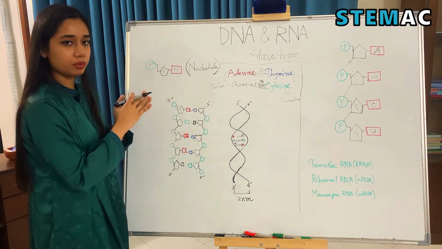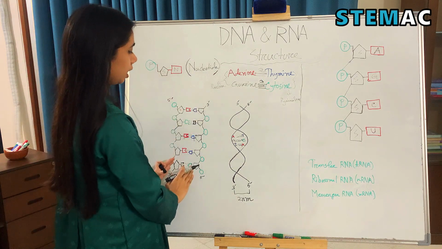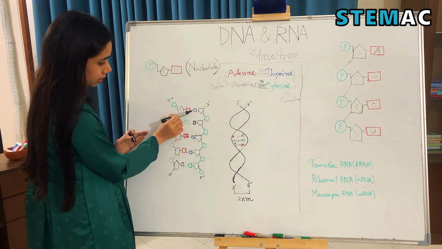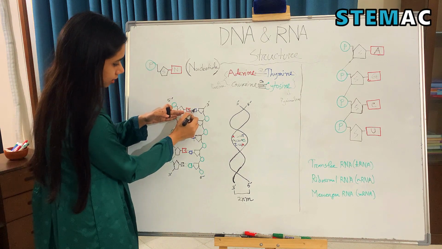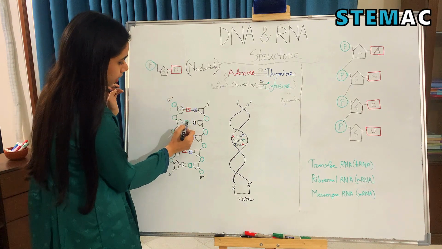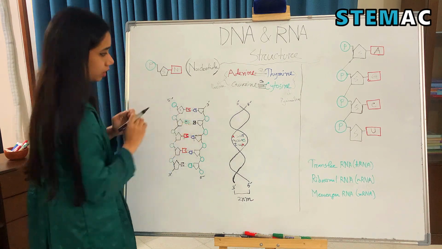So for a purine, we will need a pyrimidine base. This is basically how we get the double helix structure. As we can see here, these are the hydrogen bonds: if this is adenine and this is thymine, then we have 2 hydrogen bonds, and if this is guanine and this is cytosine, then we have 3 hydrogen bonds.